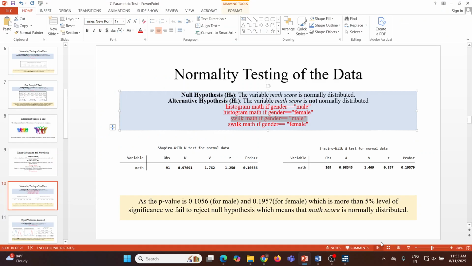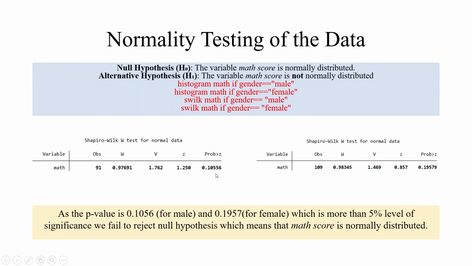Now let's do the interpretation. As the p-value is 0.1056 for male and 0.1957 for female, which is more than 5% level of significance, we fail to reject null, which means that the math score is normally distributed, which is quite good. First assumption met.